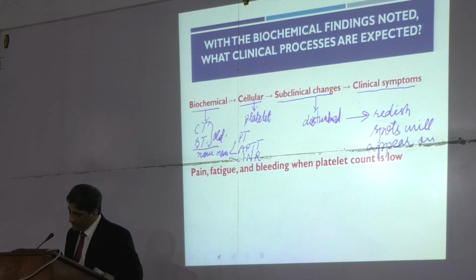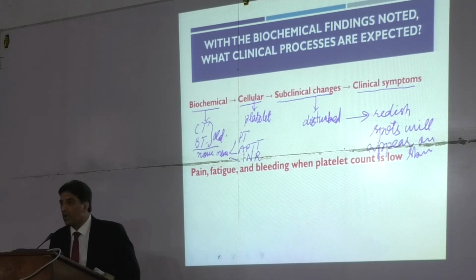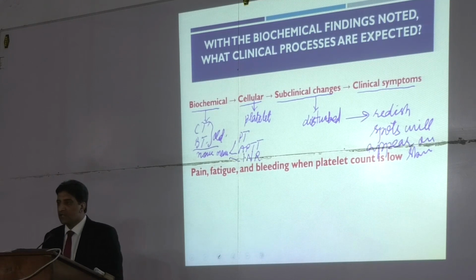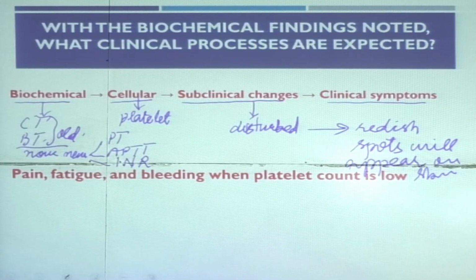will appear on skin. So pain, fatigue and bleeding when platelet count is low is a feature of a disease that remains epidemic in our population. Many deaths occurred in the past due to this problem, and that occurred due to dengue.